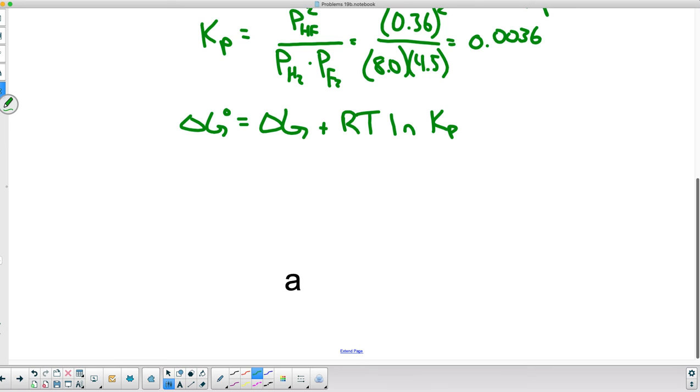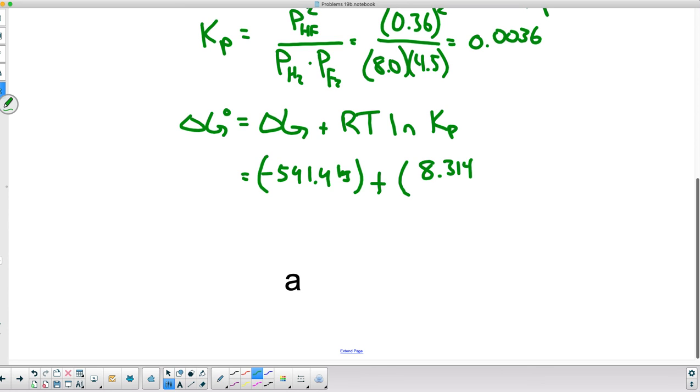And that's it. So now we know what the standard value was, 41.4 kilojoules, plus then we know what RT is. R, in this case, we're going to use 8.314.